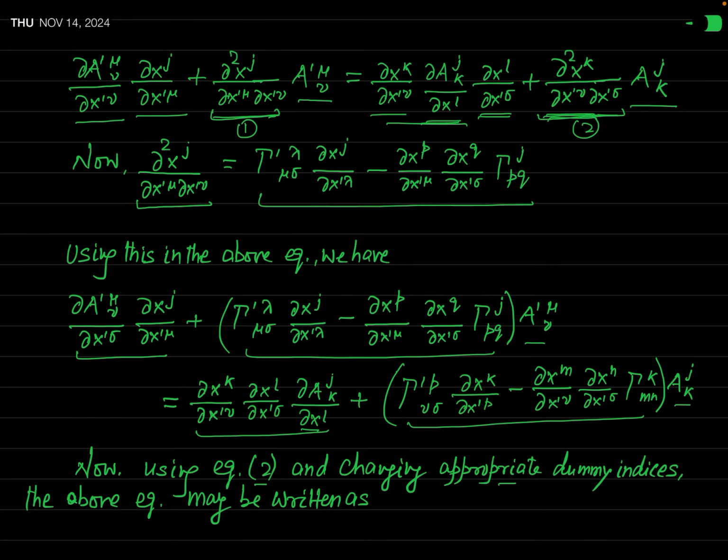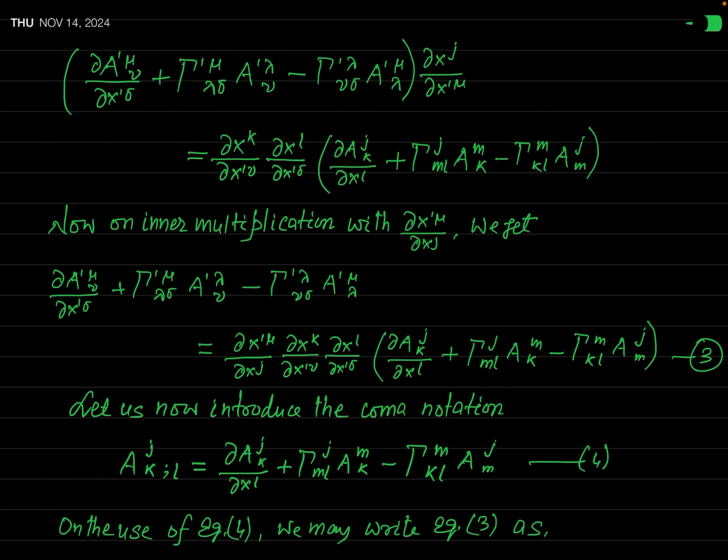So instead of lambda, now you may write mu. It means lambda is replaced by mu.